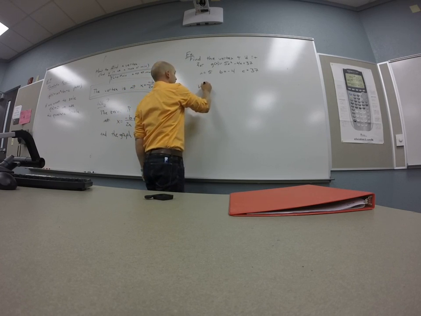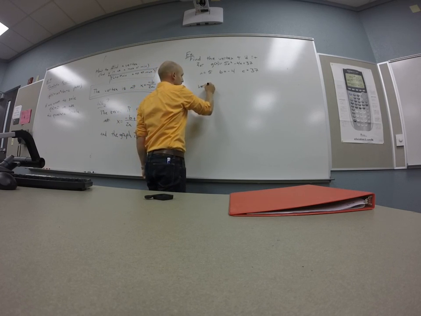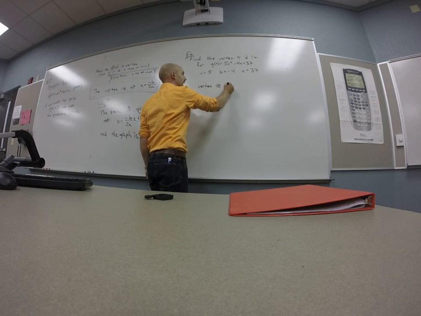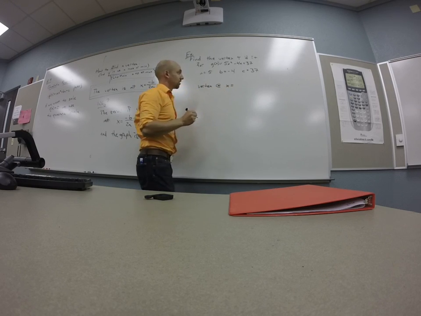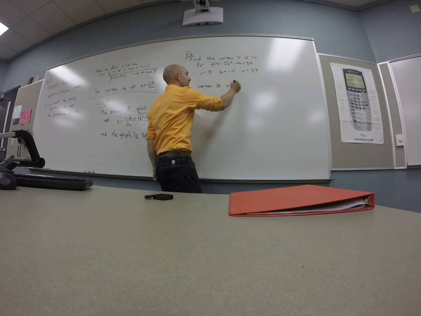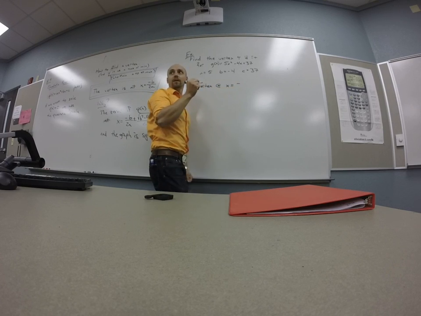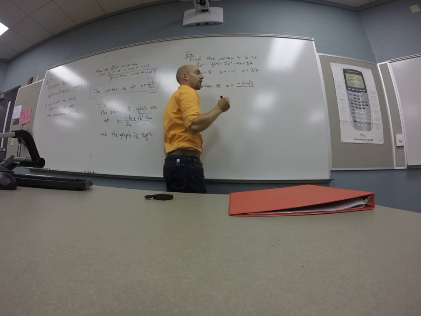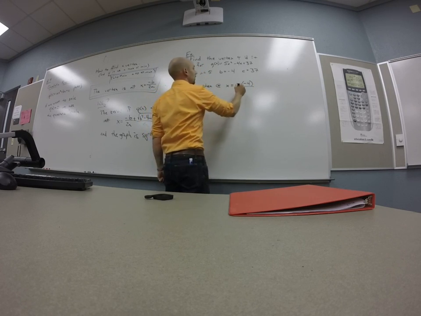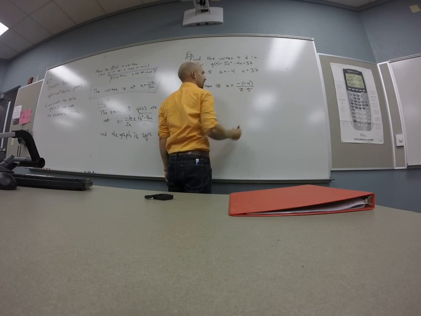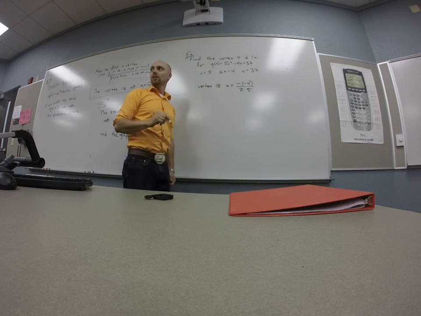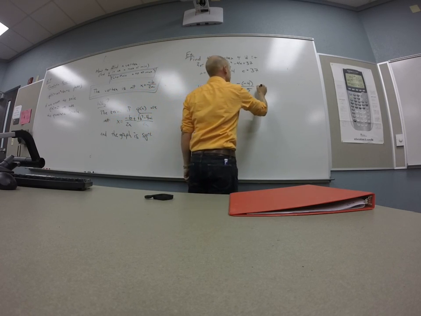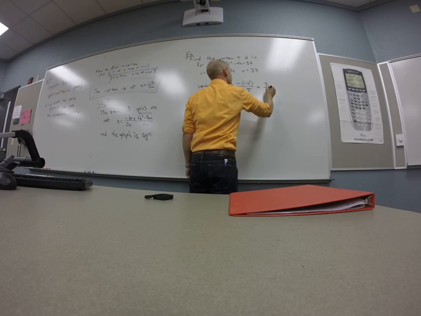So vertex is at x equals what? -4 divided by 2 times 5 equals 2 over 5.